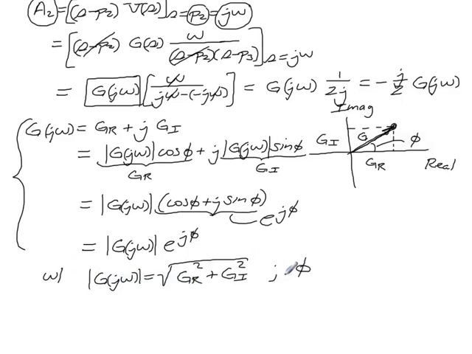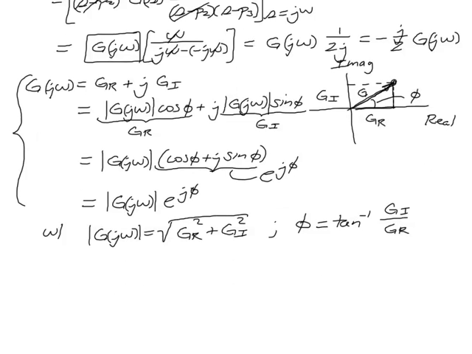And phi here is the inverse tan of the imaginary part divided by the real part. That you can see from that right triangle there. And this is something we're going to use a lot, regardless of whether it's a first order system, a second, or whatever.